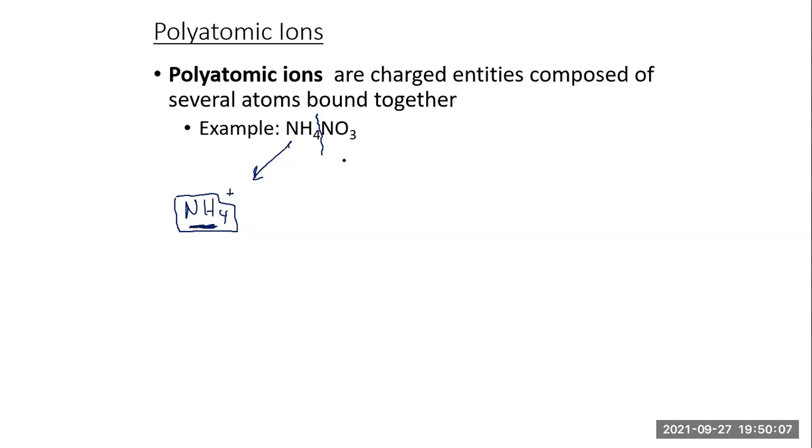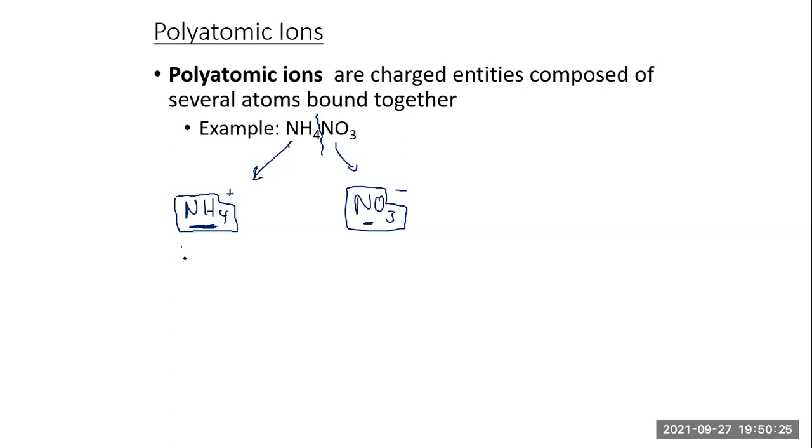Same thing over here. This is a nitrogen and 3 oxygens that has a -1 charge. Same deal here, that nitrogen and 3 oxygens are covalently bonded together. They're sharing electrons. They move around as a whole unit. Each of these things has a special name.